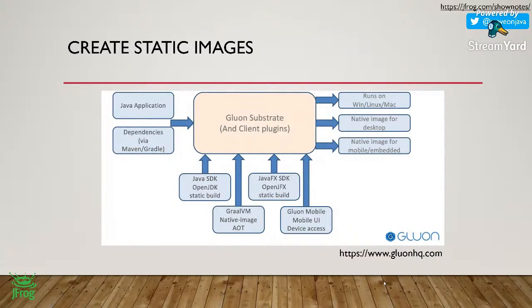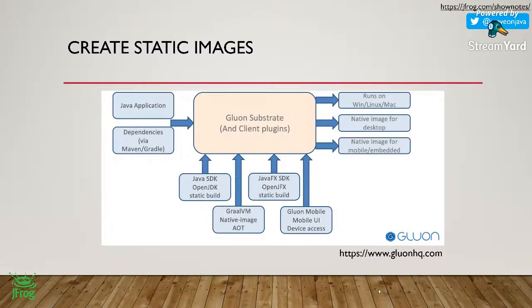And when you think about it from a packaging perspective, this is kind of what it looks like. So you take your application plus the dependencies, and I'll show an example of how to set up a build script and do this stuff. You have your JDK and your JavaFX SDK, which you can get from Gluon.